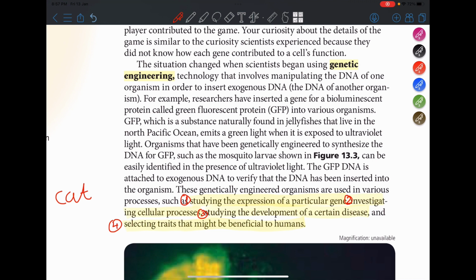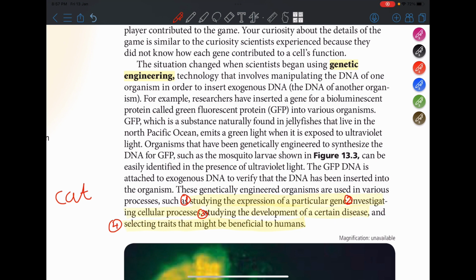You can read the paragraph above to look at an example of genetic engineering, where researchers inserted a gene for a bioluminescent protein, called the green fluorescent protein, or GFP, into various organisms. GFP is a substance that is naturally found in jellyfish that live in the North Pacific Ocean, and they emit a green light when they are exposed to ultraviolet light.